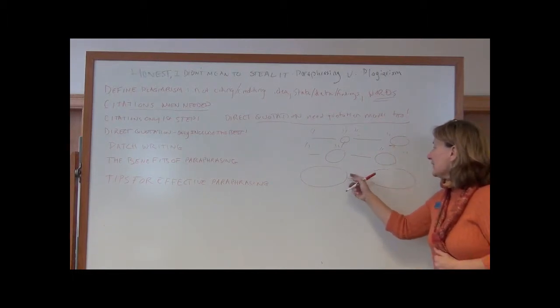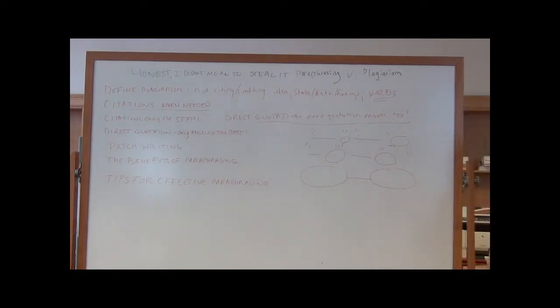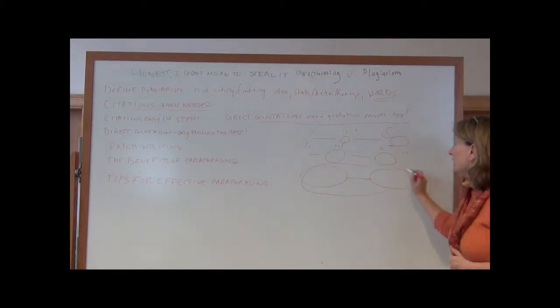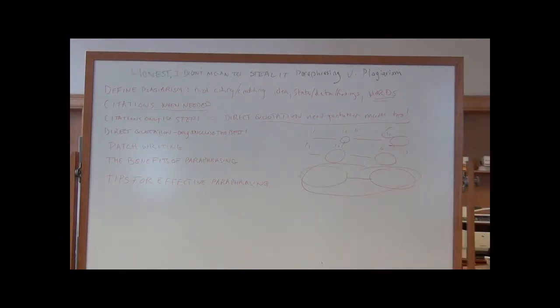But what ends up happening is we don't have any direct quotations around what is still their words. And so the reader looking at that without these things assumes this whole thing is yours, the student's work. Okay? And that usually happens because we don't know how to paraphrase well.